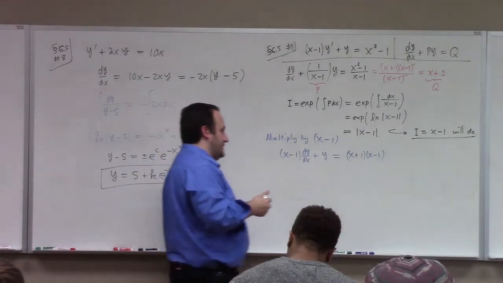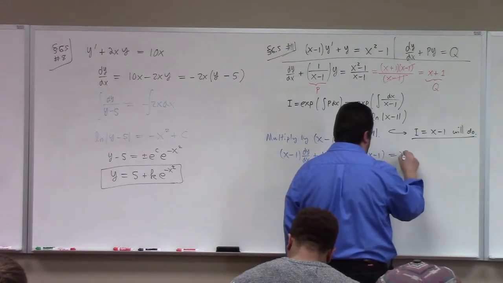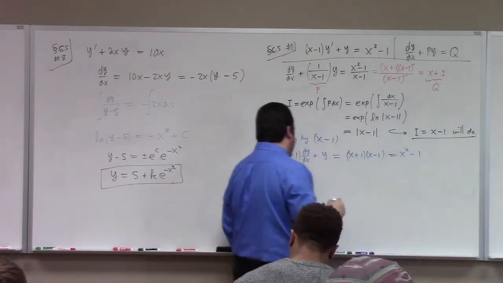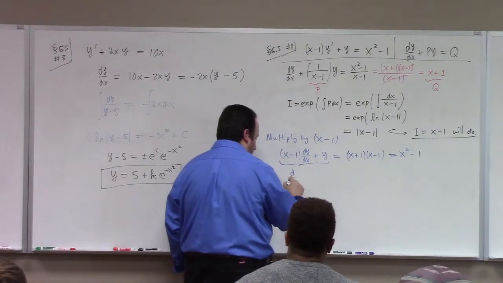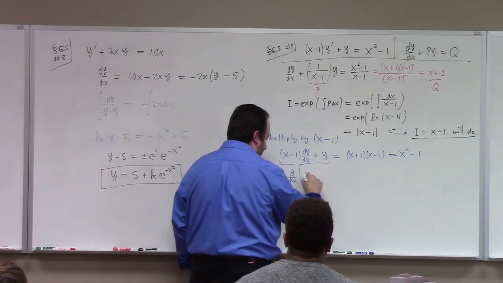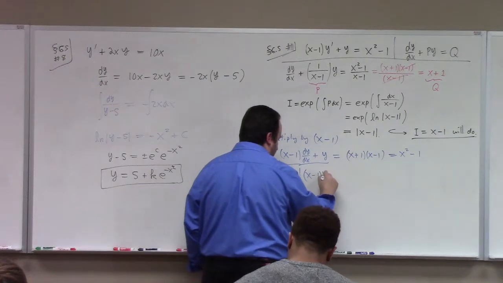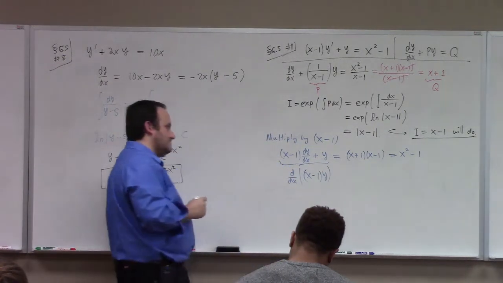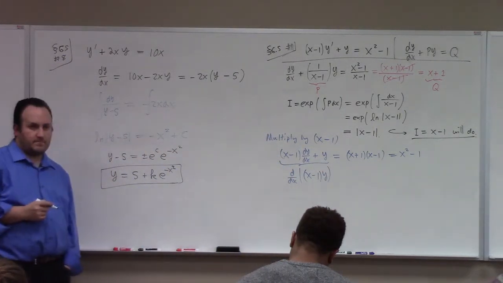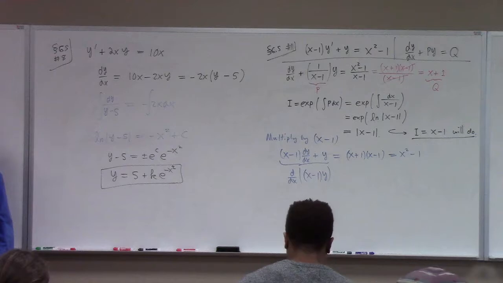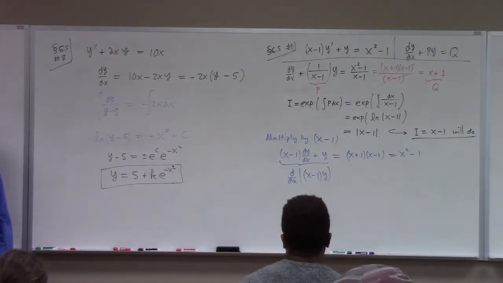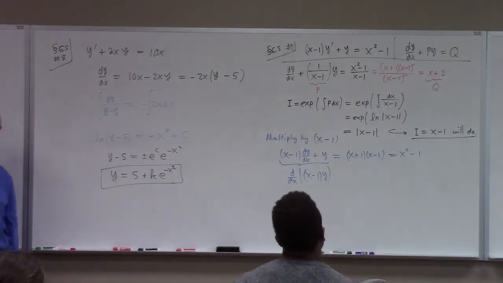So, of course, the right-hand side simplifies to x squared minus 1 again. And on the other side, we've got the reverse product rule, right? This is, in fact, d dx of what? Of the integrating factor x minus 1 times y. Does that make sense? Going from here to here?